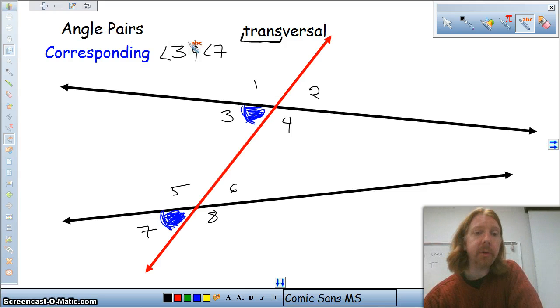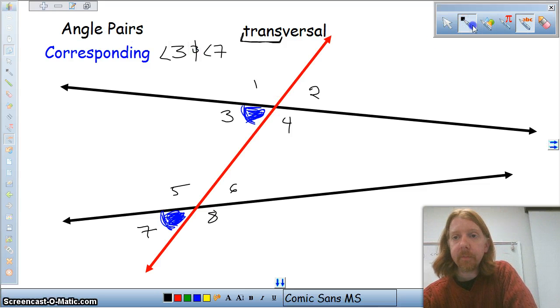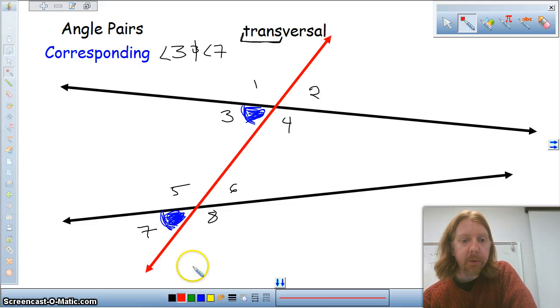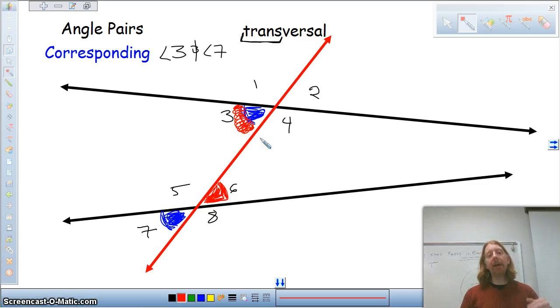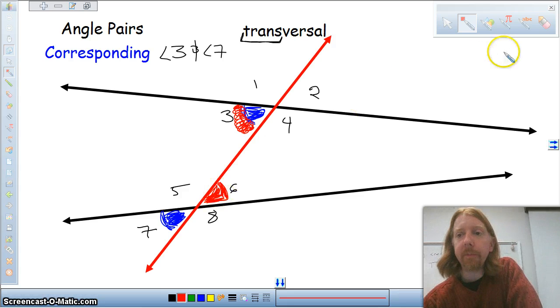Another pair of angles that we should be able to identify is alternate interior. See, notice the red markings are inside the two lines, and they're on opposite sides of the transversal.